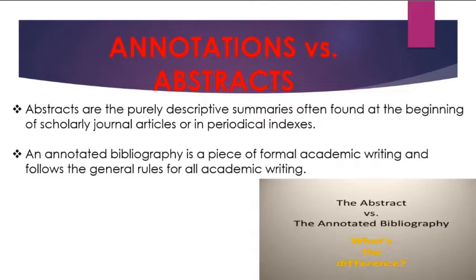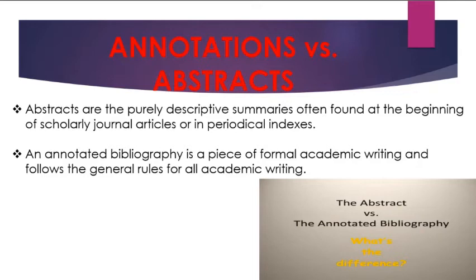Usually on the first page, you have what you call an abstract. It's just a small summary of what your assignment is all about. So that is just descriptive. But an annotated bibliography is a piece of information.